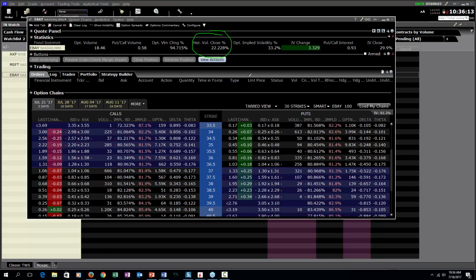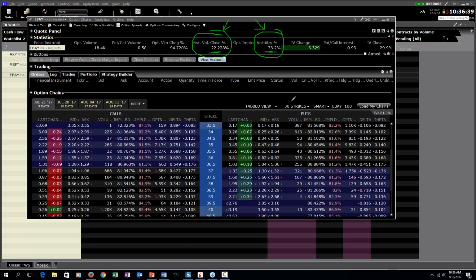Historical volatility, 22%. Implied volatility, 33%. So are they expecting more volatility? Yes. Implied volatility is future expectation. Historical is what it's done in the past. So historically, 22% volatility, implied at 33%.